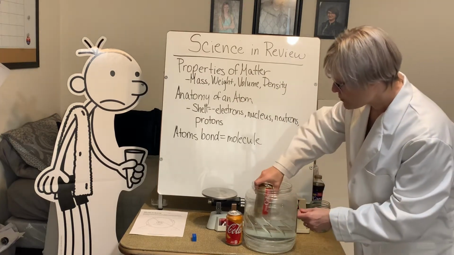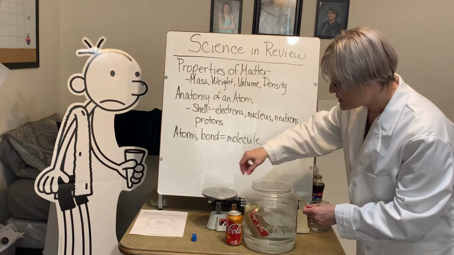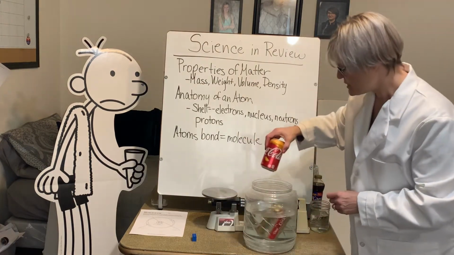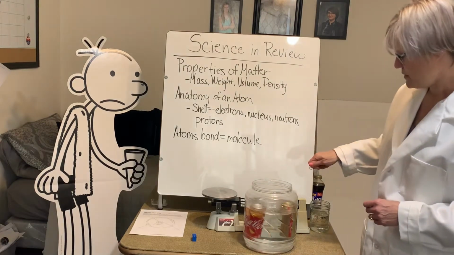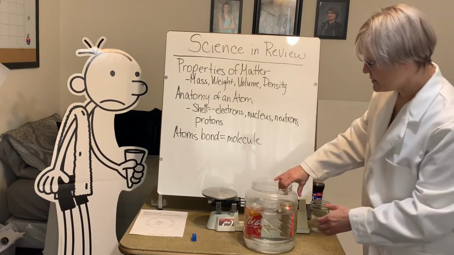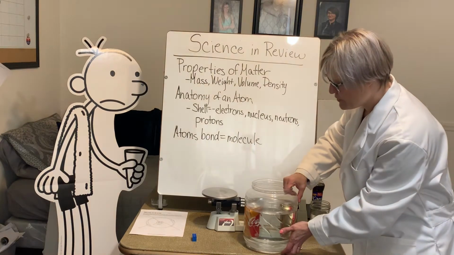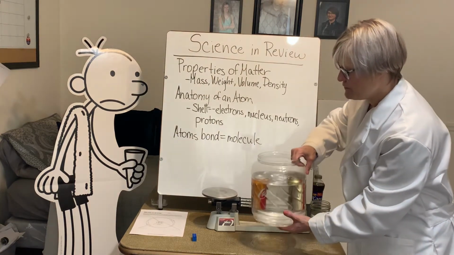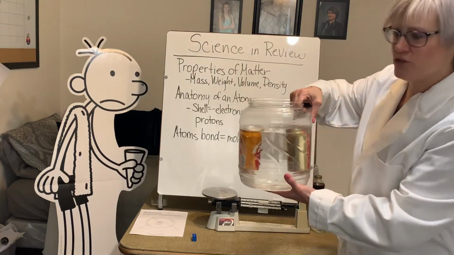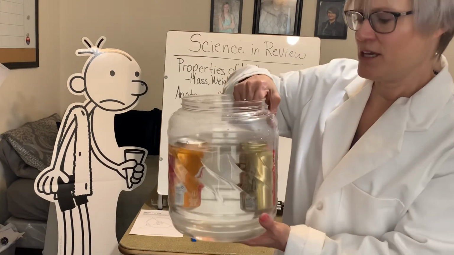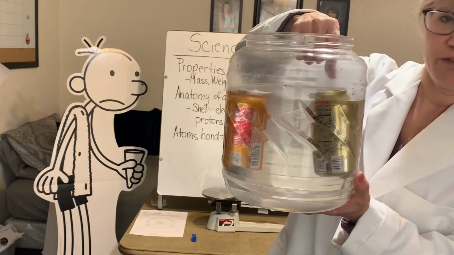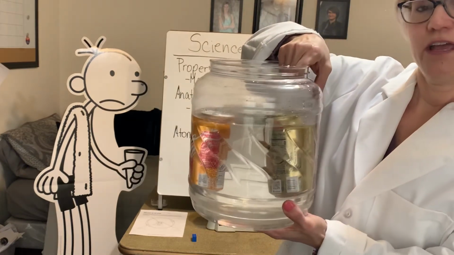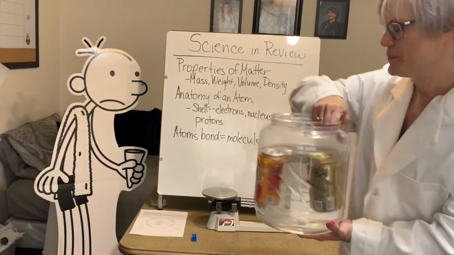I'm going to start off by putting my Diet Coke in, and I'm noticing it's floating a little bit, and then I'm going to put my regular Coke in. It's probably difficult for you to see, so I'm going to try to lift this up and take it over to you so you can see that the regular Coke is actually going farther down in the water than the Diet Coke.